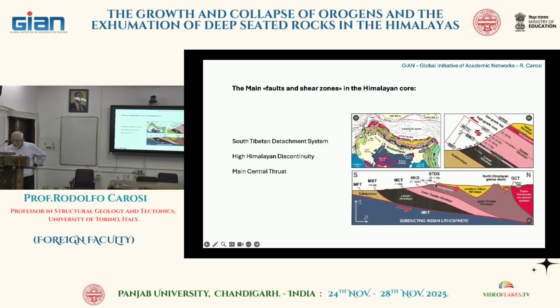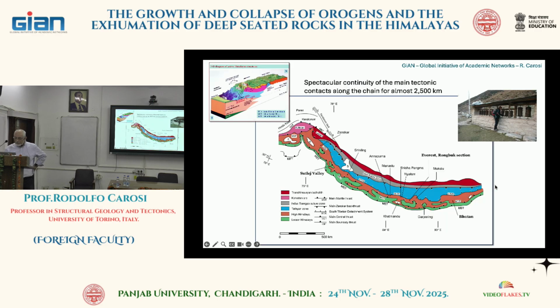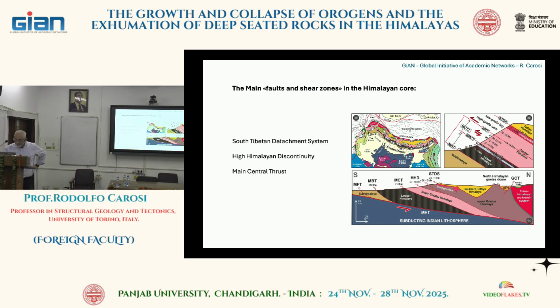You can see also in this picture that the upper Greater Himalaya is found also in the North Himalayan gneiss domes. There are Tethyan sediments here and here. In the middle part, you can find this east-west alignment of North Himalayan gneiss domes, and they are made exactly by the same rocks and the same leucogranites that we found in the frontal part of the belt.